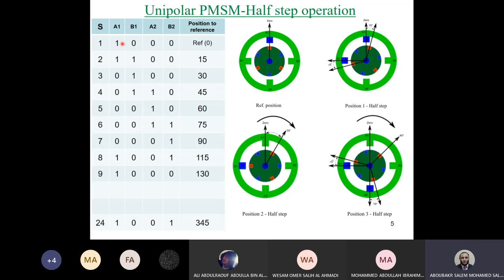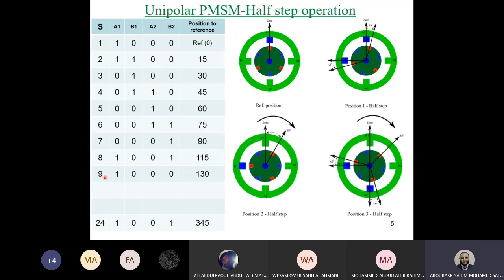So the first step will be A1, then the step after is A1 with B1, and then B1 only. And in the same way, B1 A2, then A2, then A2 B2, and B2, and then B2 with A1, and return again to A1, which is the same as step number 1.